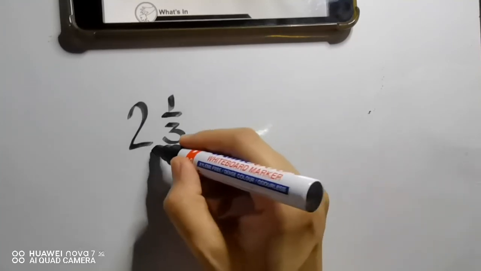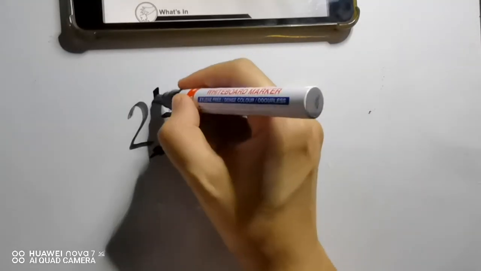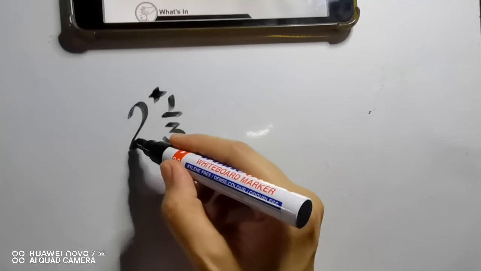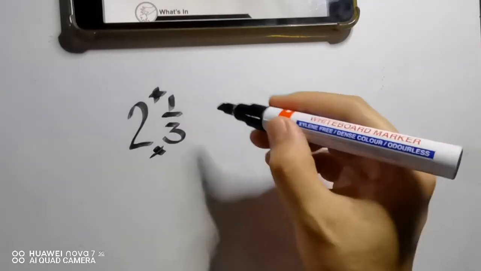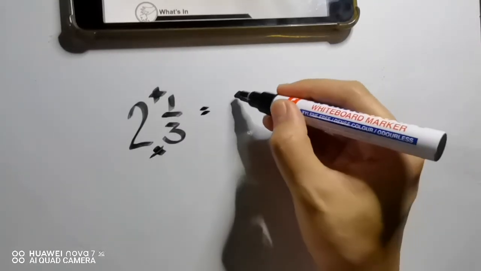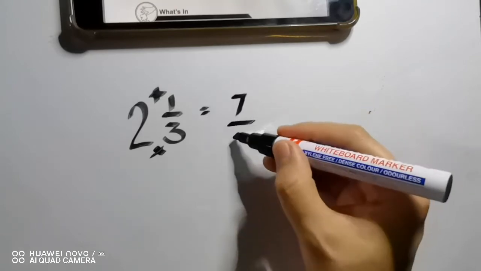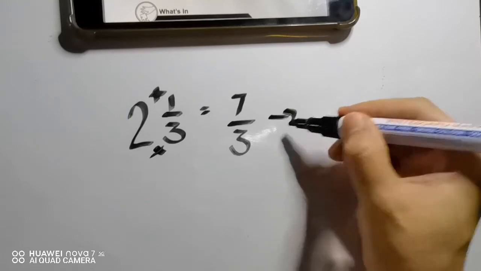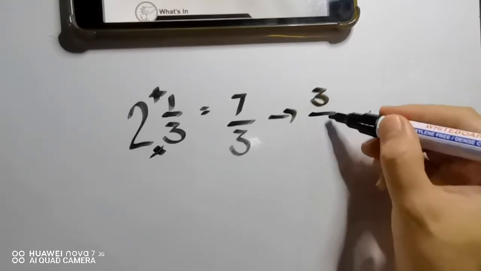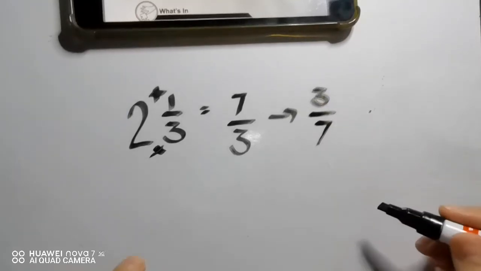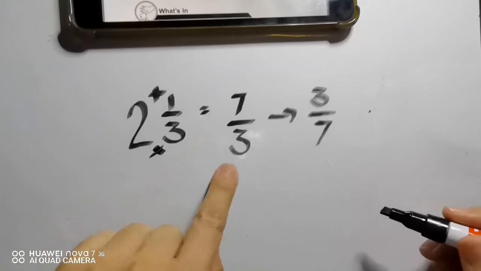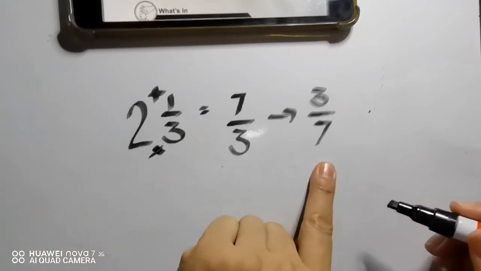So, times, and then add. 3 times 2, you have 6 plus 1, 7. So, your number is 7 over 3. Ano ang reciprocal niya? Ang reciprocal niya ay 3 over 7. Okay, so ganun muna, if you are given a mixed form. Okay, pag mixed form, gagawing improper, saka kukunin ang reciprocal.